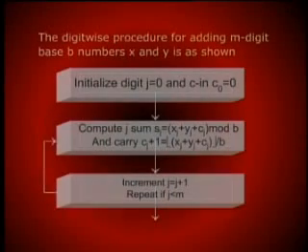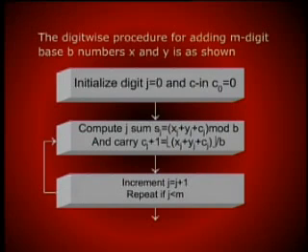The digit-wise procedure for adding m-digit base b numbers x and y is shown. We initialize digit j equal to 0 and the carry in to begin with, which is C0, is 0.